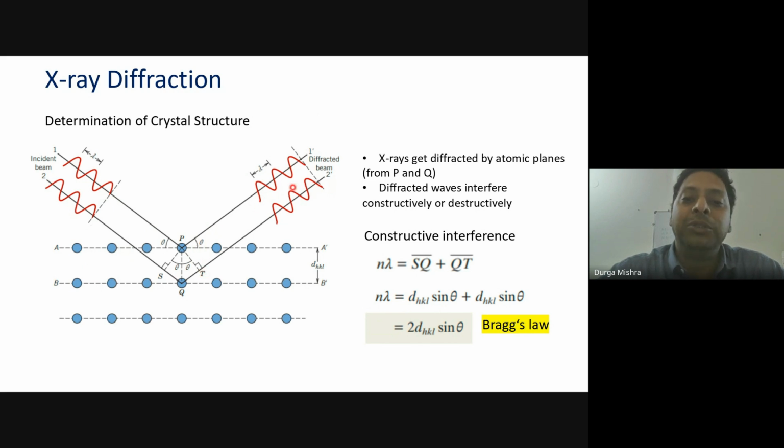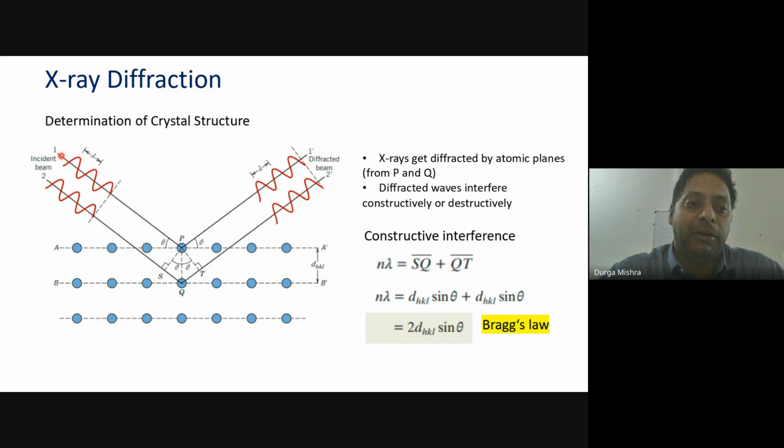Now, how do you know whether for a given distance, this atomic distance or the distance between two planes, there will be a constructive or a destructive interference? You can calculate that if you know the path difference between these two waves.